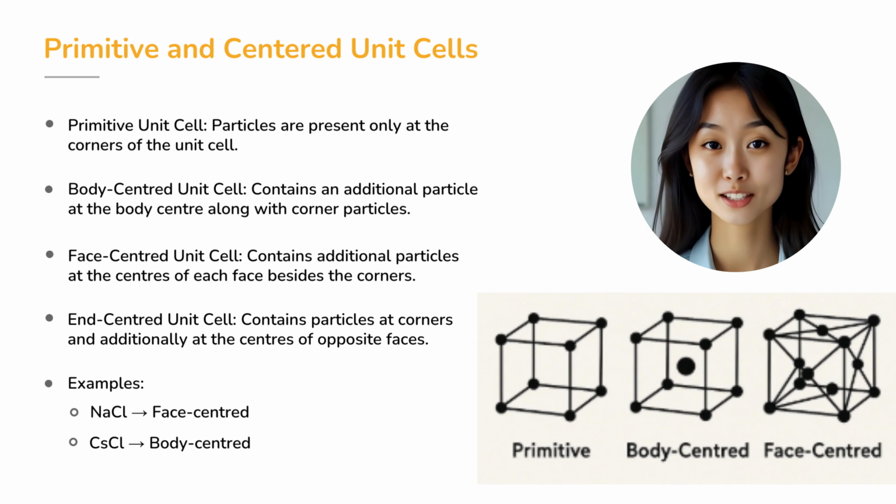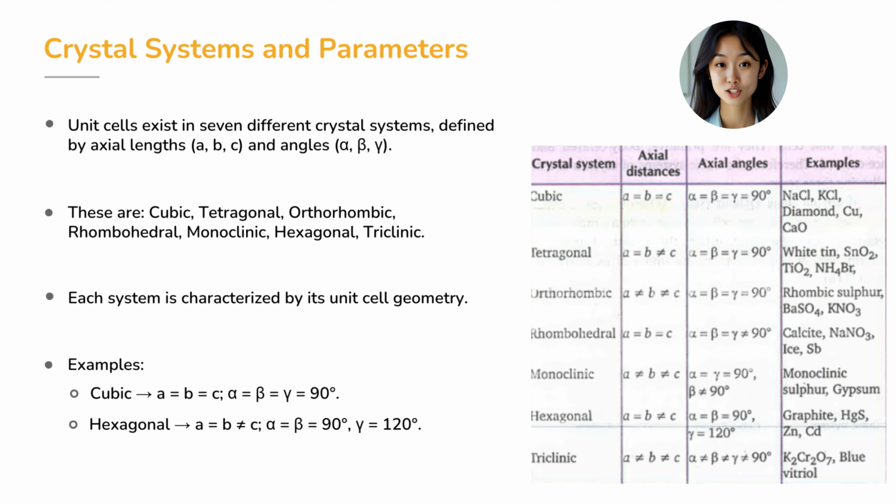Each system is defined by the relative values of a, b, and c, the edge lengths, and alpha, beta, gamma, the interaxial angles. For example, in a cubic system, all edges are equal and all angles are 90 degrees. In a hexagonal system, 2 edges are equal, the third is different, and the angle gamma is 120 degrees.